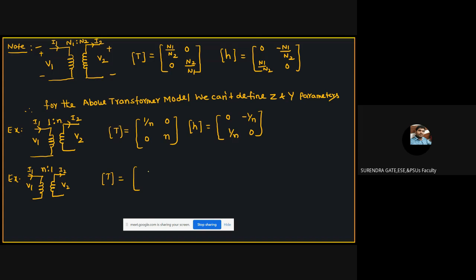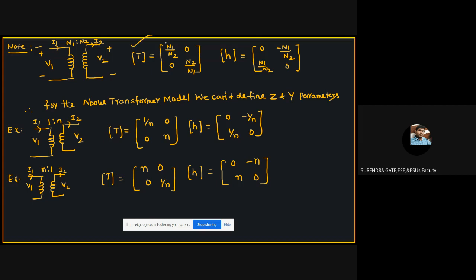The T parameters: N1 by N2, that is N, 0, 0, N2 by N1, 1 by N. The H parameters equal to 0, minus N1 by N2, that is minus N, N, 0. Okay, this is the H parameter.